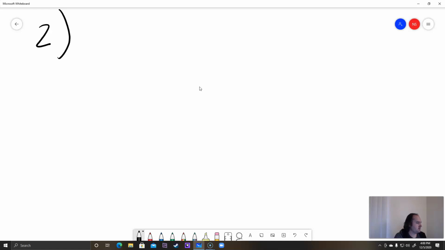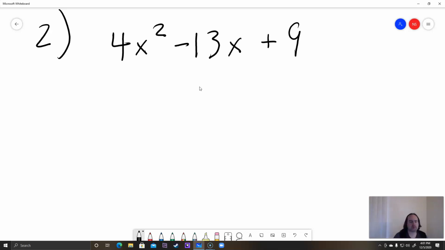Okay, so I wanted to do a little bit more challenging problem. So for this next one, we're actually going to be doing 4x squared minus 13x plus 9.